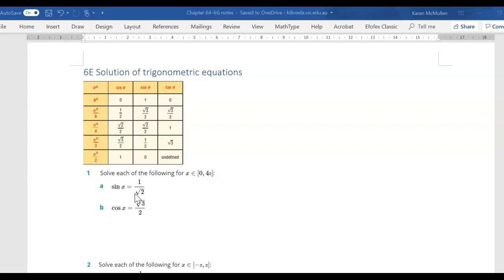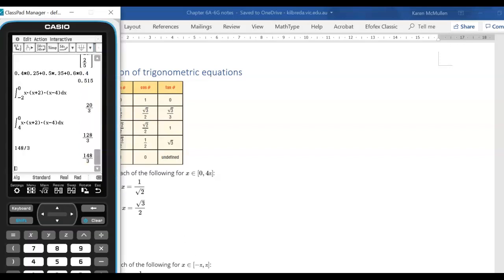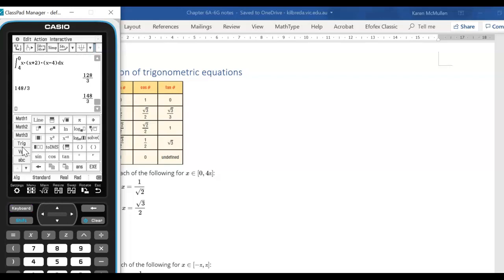Now you can do this on your calculator. If we were doing it on the calculator, just make sure you're in radian mode and go to trig. For the first one, I think it was sine. So inverse sine of 1 on root 2.